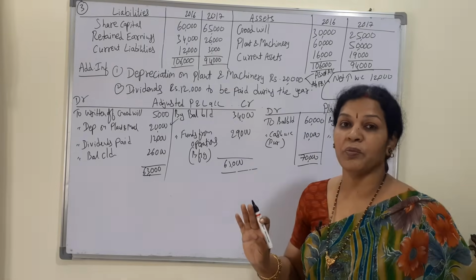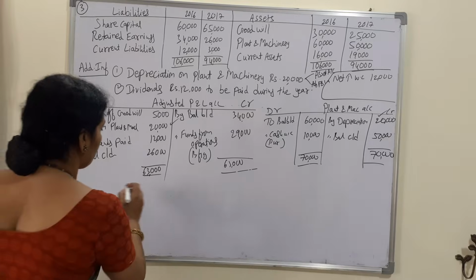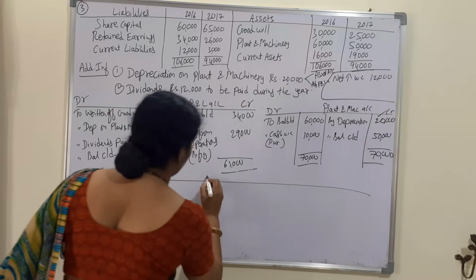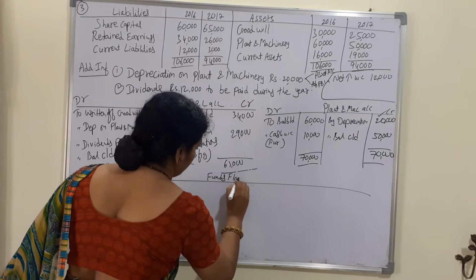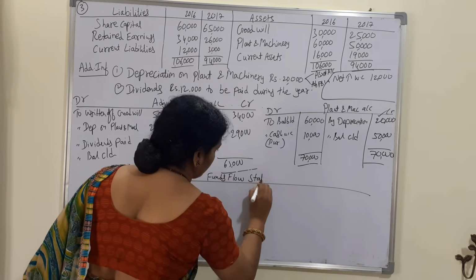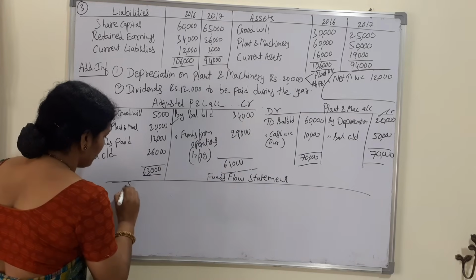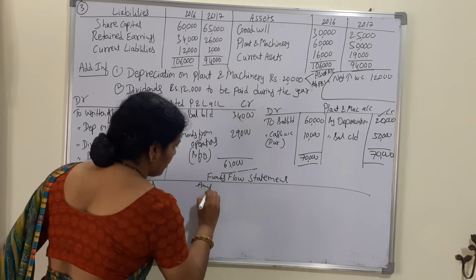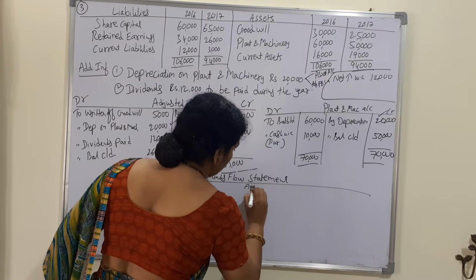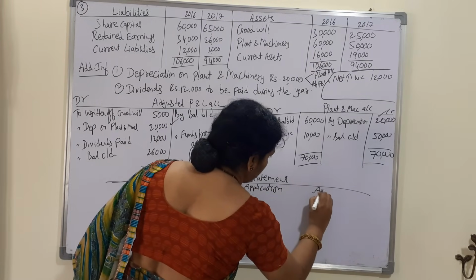Once if it is over, then what we need to prepare? Funds flow statement. There is a space, we can prepare funds flow statement easily. Funds flow statement. Here we write sources, amount, application and amount.